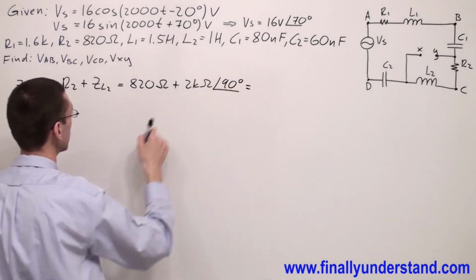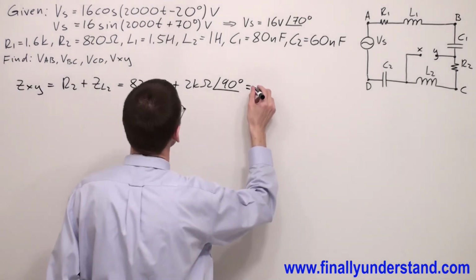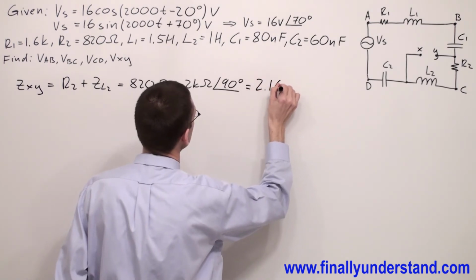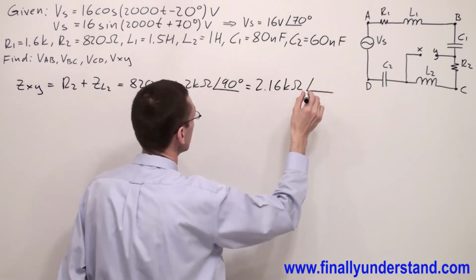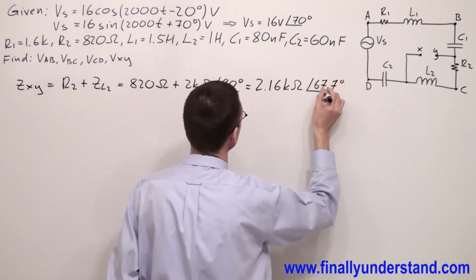Use the calculator and find ZXY. You're supposed to get the value of 2.16 kilo ohms and angle of 67.7 degrees.